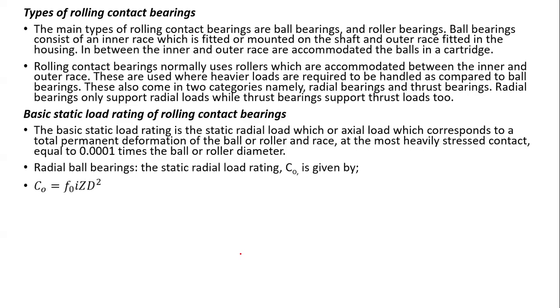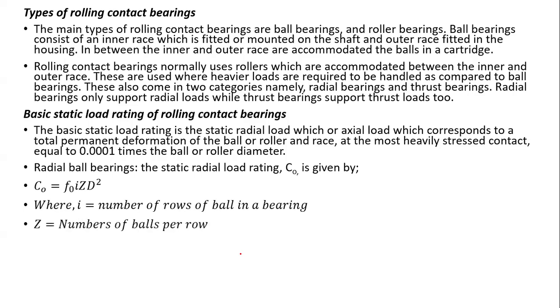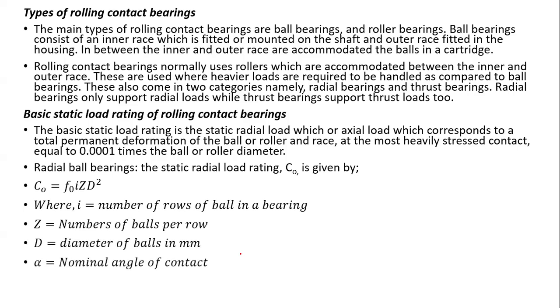C0, if you look at the formula, is C0 = F0 i Z D² cos α, where C0, of course, we already said is the static load rating. i is the number of rows in the ball bearing. Z, number of balls per row. Then D, diameter of the balls in millimeters.